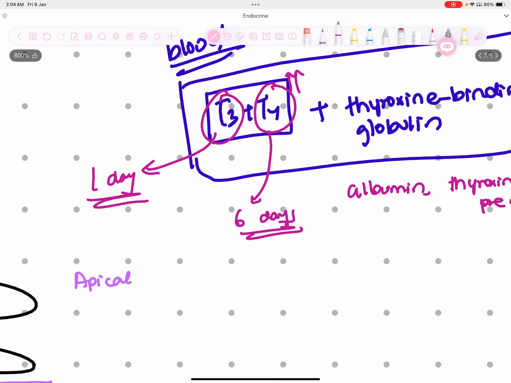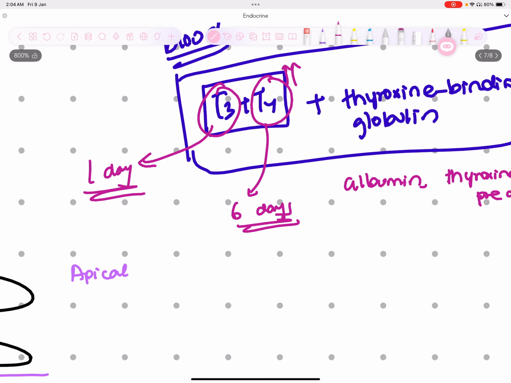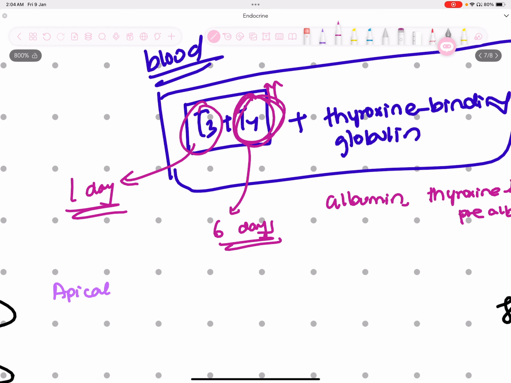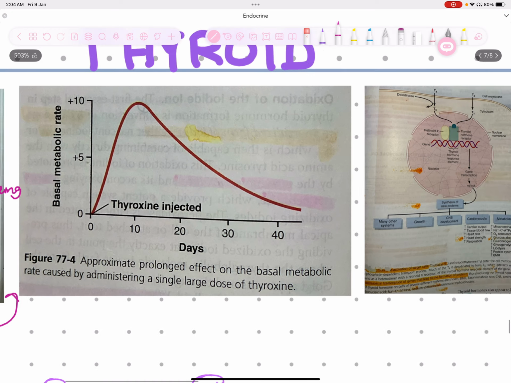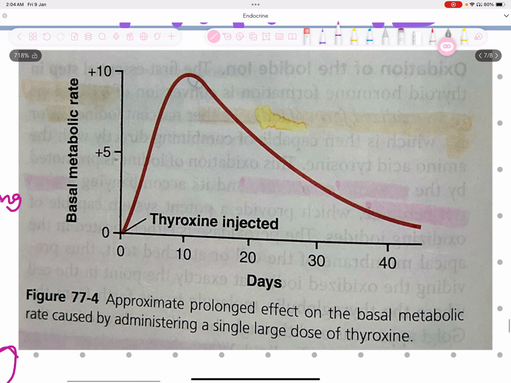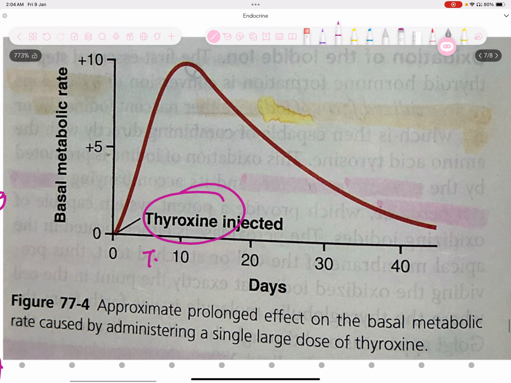Also, it's very important to understand that thyroxine, which has a greater affinity, has a latent period of 2 to 3 days. What does a latent period mean? Latent period means when it first shows any changes in the metabolic activity. With the help of this graph, you'll understand that we're talking about thyroxine, which is T4.